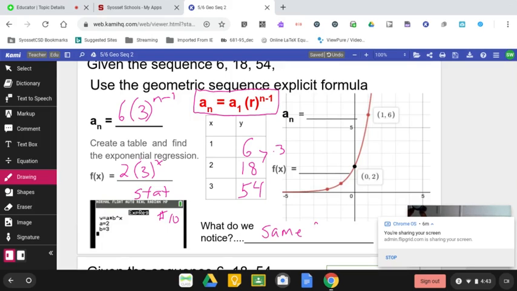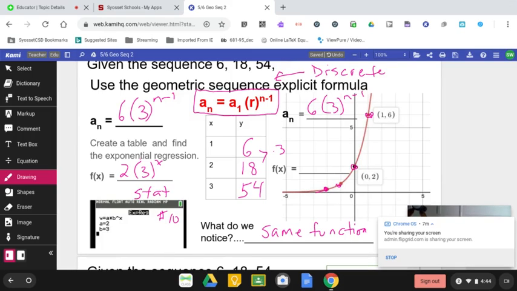The only difference is that the geometric sequence is what we call discrete. So the geometric sequence, this 6 times 3 to the n minus 1, would be just these dots. But they would look just like an exponential function.